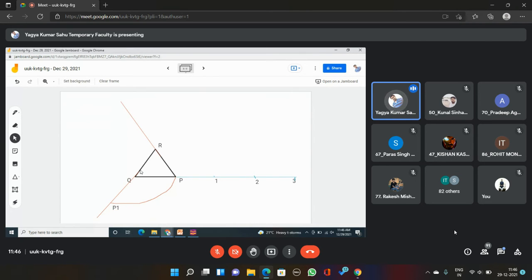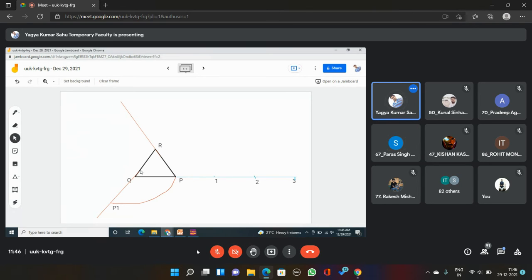Now we'll open that thread for RP1. As RP1, we can say the length of the thread will be RP1. We are opening for RQ, but the length will be double of RQ, because initially we have opened for QP also, so that length will be added.